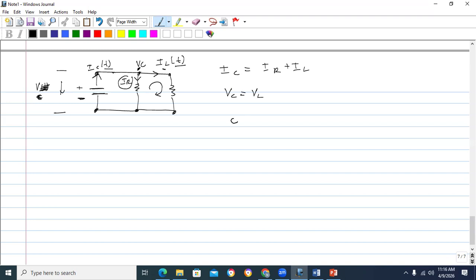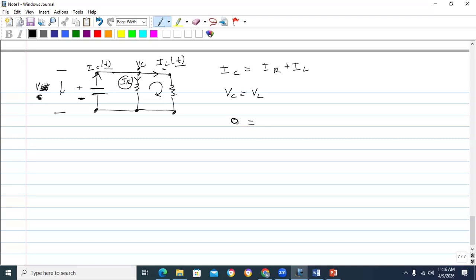That means 0 is equal to, so the current is flowing in this way, and the current is flowing this way. So you need to consider plus and minus when you apply the Kirchhoff voltage law. Okay, so there is no source.